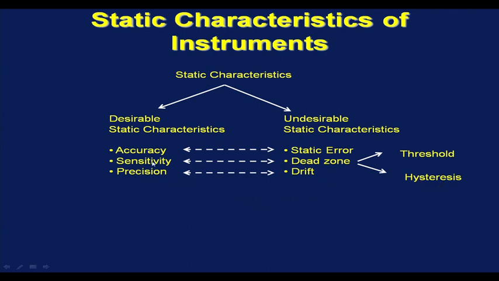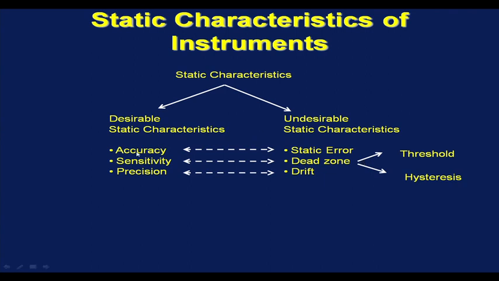It can also be noted here that accuracy and static error are related in the sense that if your instrument is accurate enough, or if the desirable static characteristic accuracy is high, the undesirable static characteristic static error will be low.